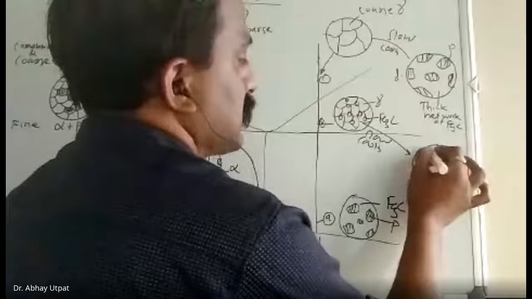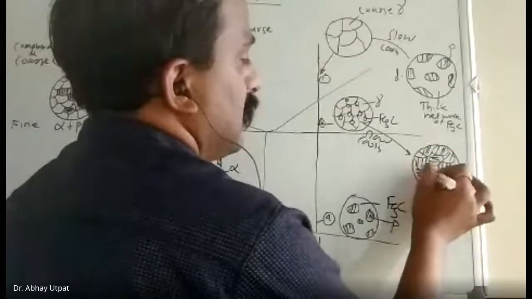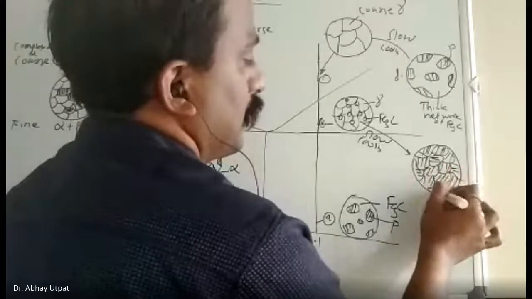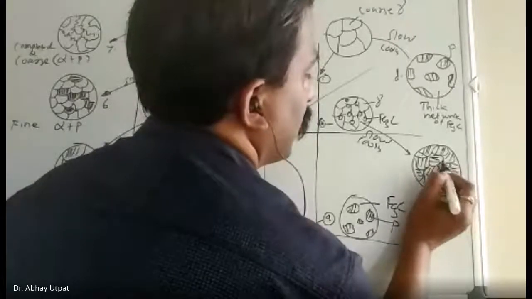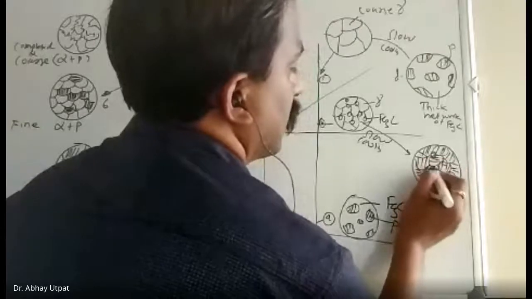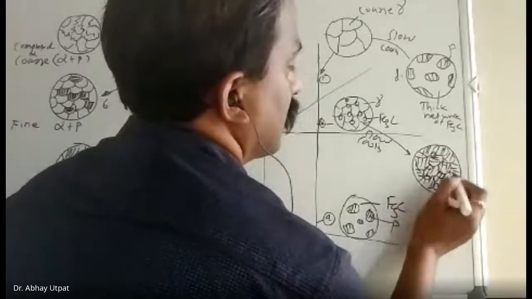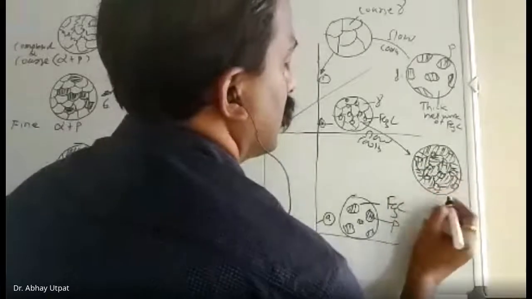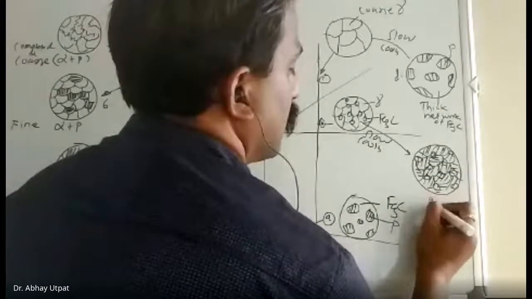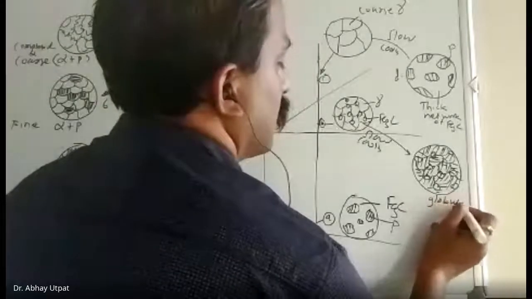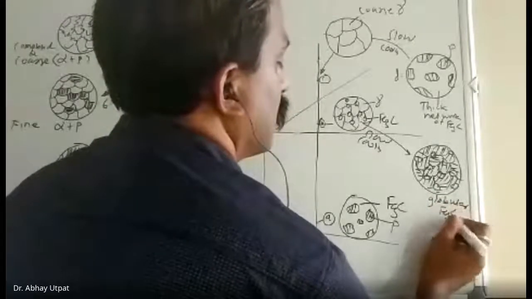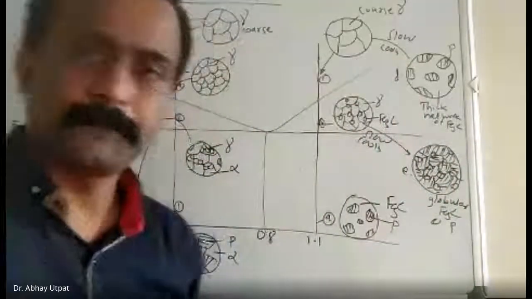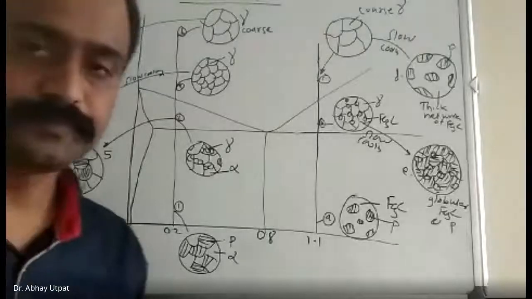So a reason may be asked. Annealing of hypereutectoid steel is carried out always above A1 and not above A3. Pay attention.